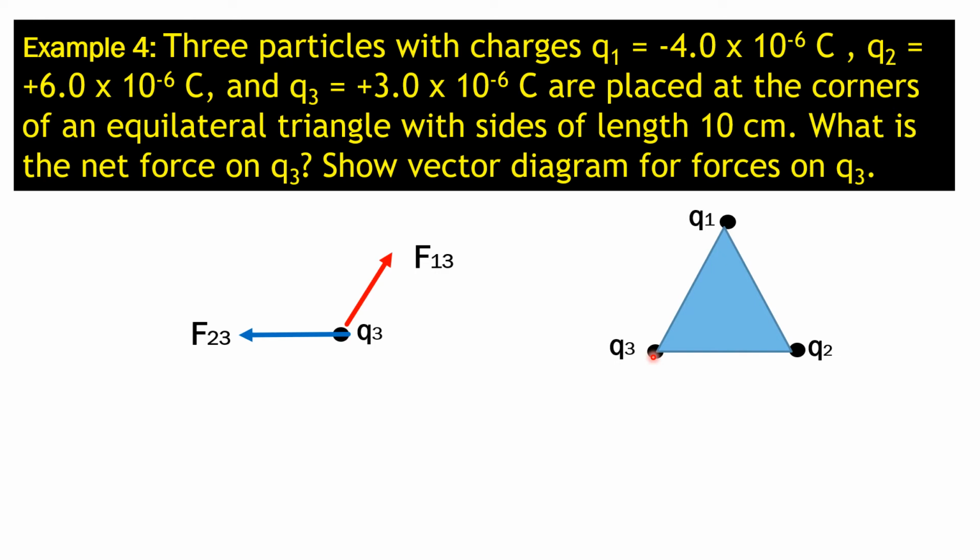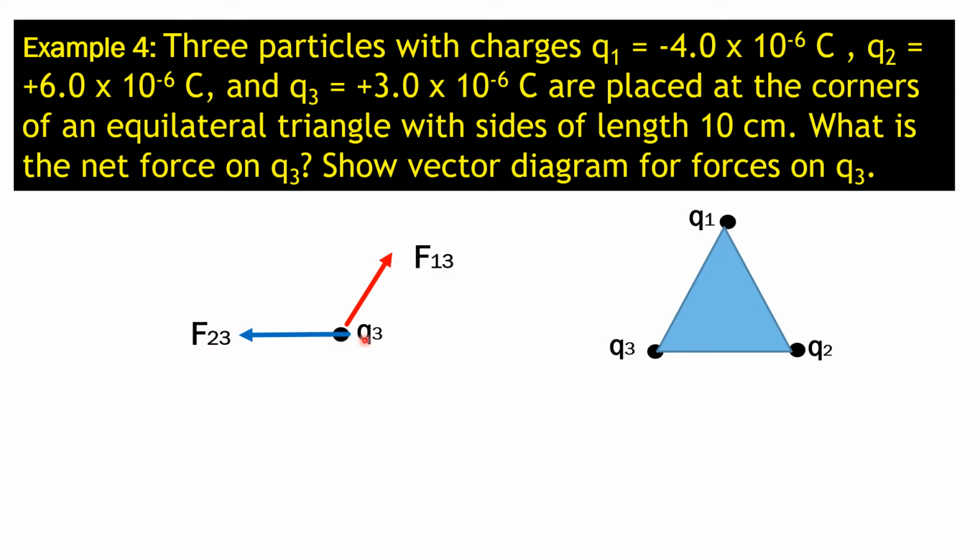And since what we are after is only the force or forces acting on Q3, as emphasized in this vector diagram, it is as if Q3 is being repelled or moved away from Q2, hence the direction is to the left. And that is indicated by this arrow, denoted by the force F sub 23.